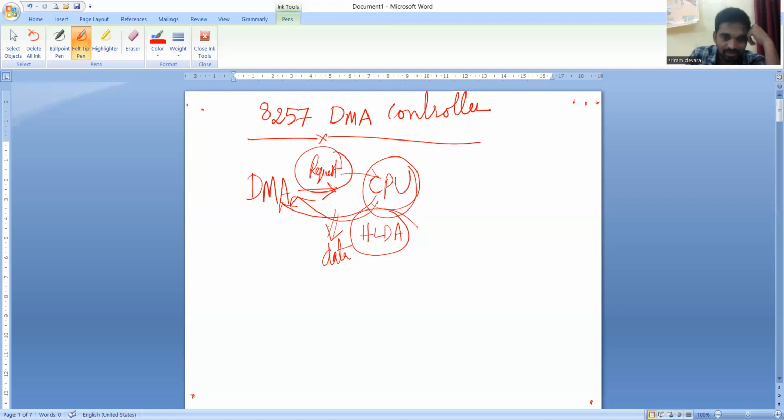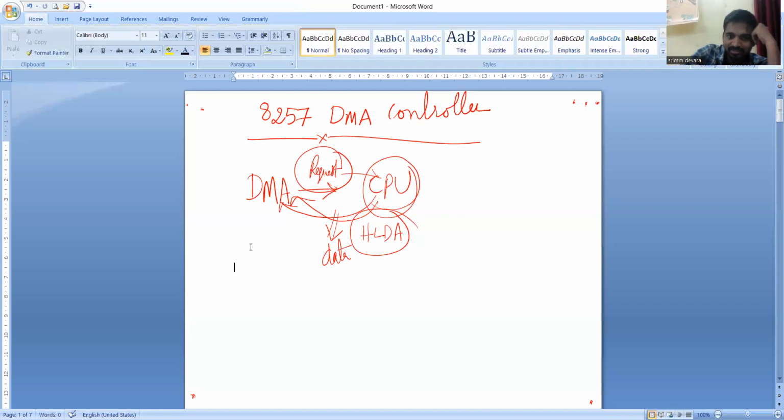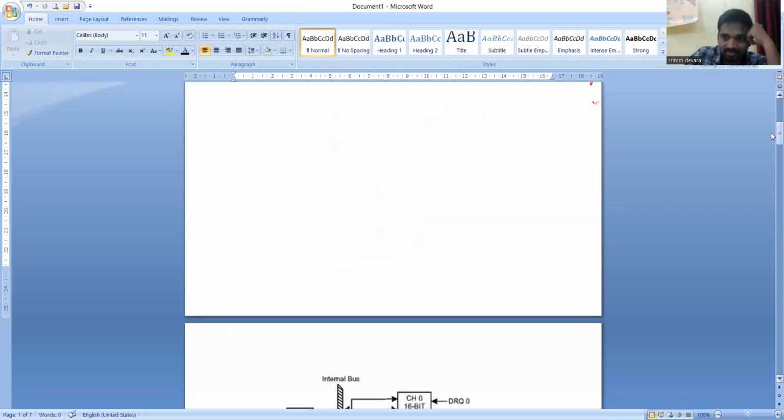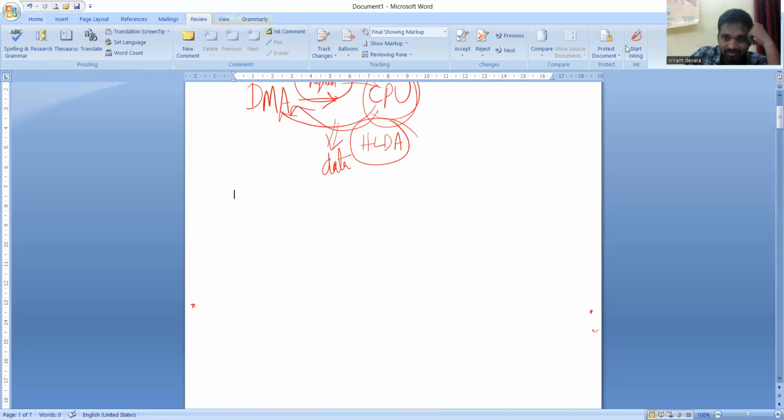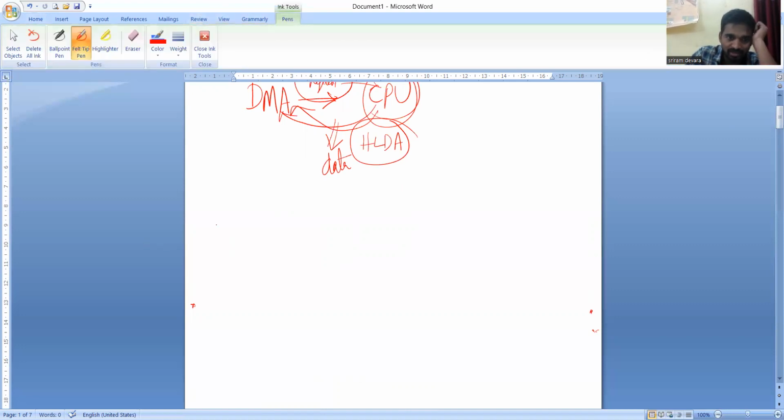So, in the DMA operation, what are the main basic steps required while transferring data from the external world to the CPU or from the CPU to the external world? First, I'll explain the steps.